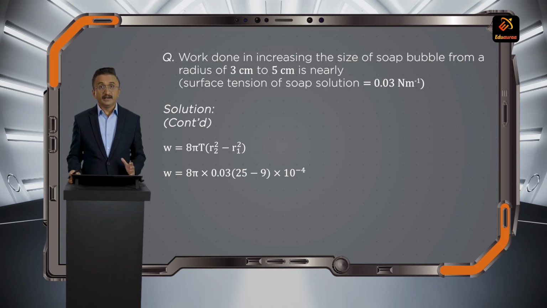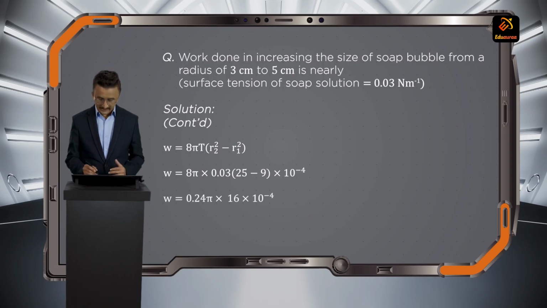So centimeter is nothing but 10 power minus 2. Square of that, so it is 10 power minus 4. So 8 3s are 24, so 0.24 pi into 25 minus 9, so it is 16 into 10 power minus 4.